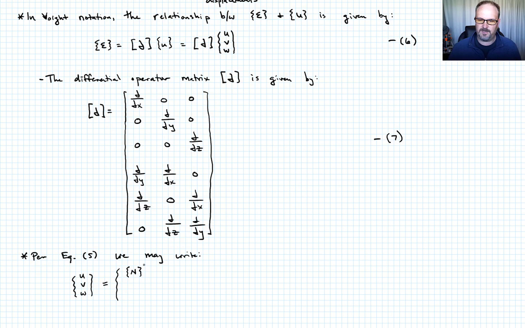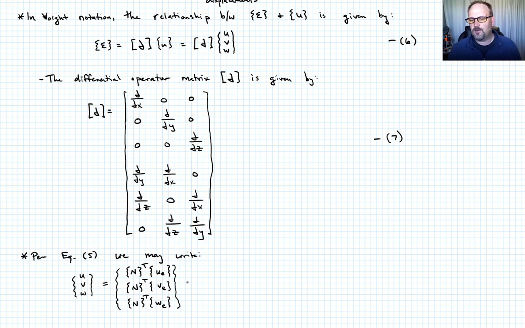So this is N transpose, and I realize I'm being a little sloppy here, but this will just be Ue. Okay, so this will be N transpose times Ve. These are the element nodal displacements, and then this third term is N transpose times We. Okay, and this whole thing is a vector, of course.